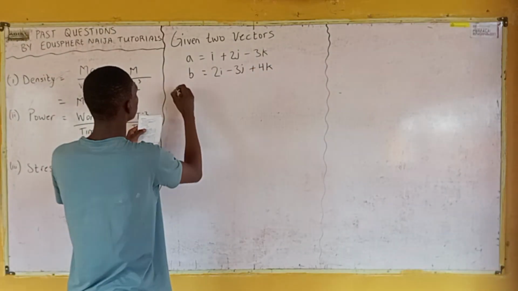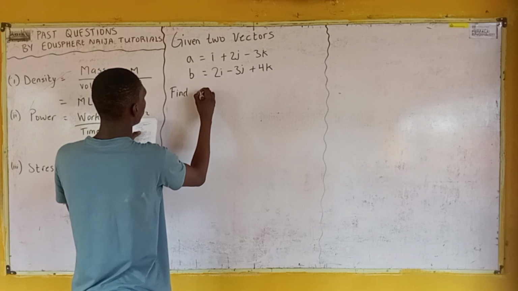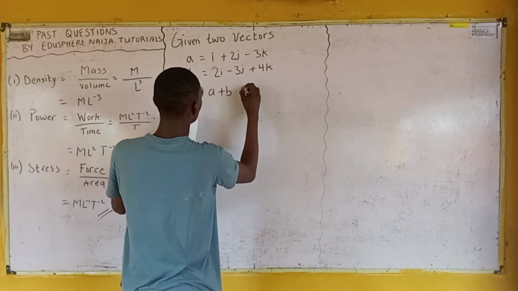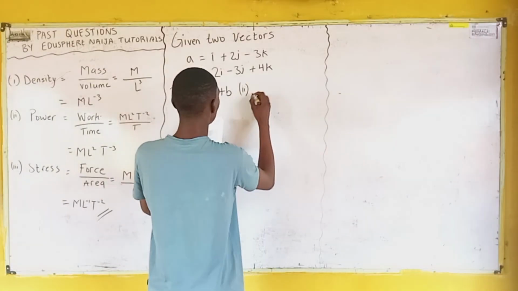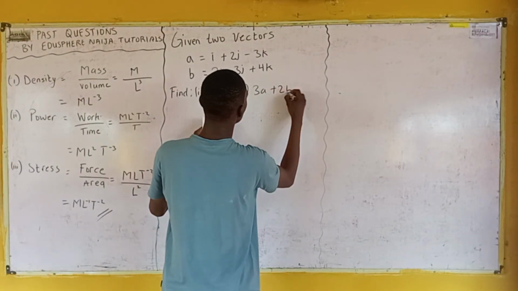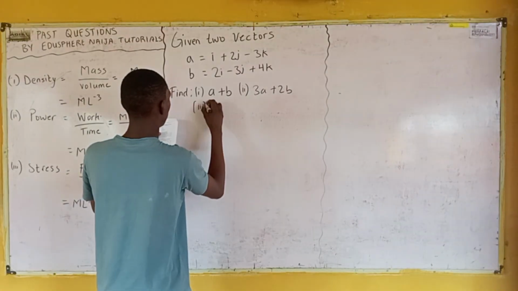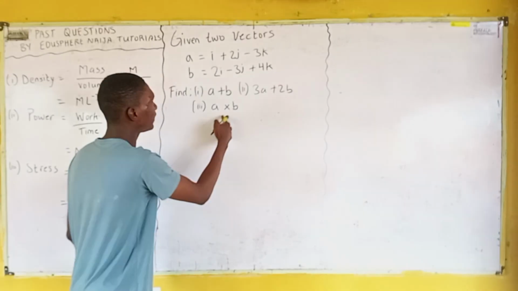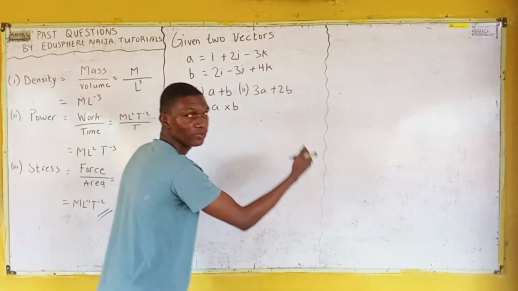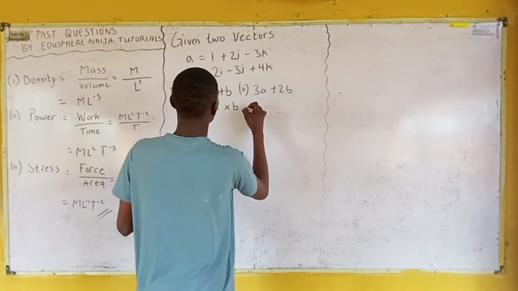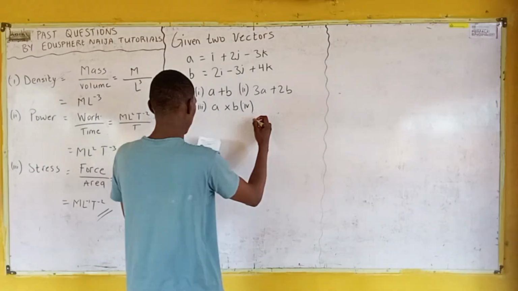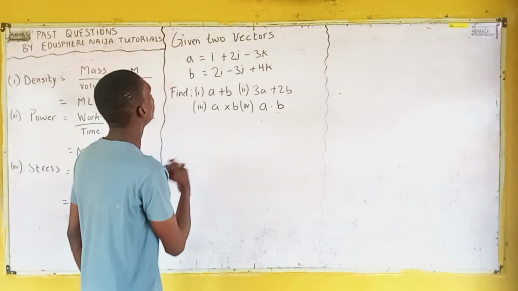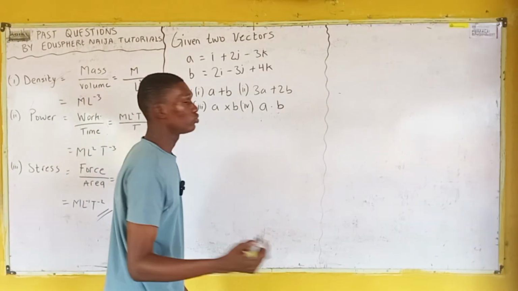They said find number one, A plus B. Second one, 3A plus 2B. The third one, A cross B. Take note, this is not A times B, it is called A cross B. It is a cross product. Then the fourth one, we have A dot B. So this is a vector algebraic equation.